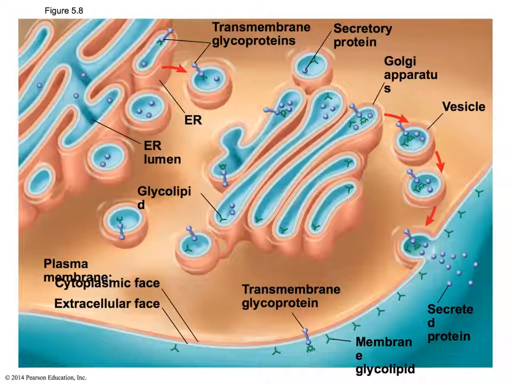If a receptor, if an integral membrane protein gets put out to the plasma membrane, right? And you see these little Y things here. There's transmembrane glycoproteins, right? These little carbohydrates, these little Y-looking green things. What happens if they're flipped?